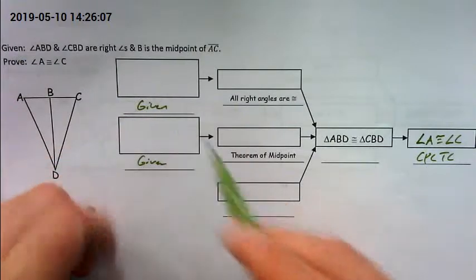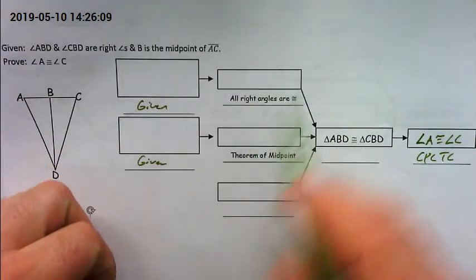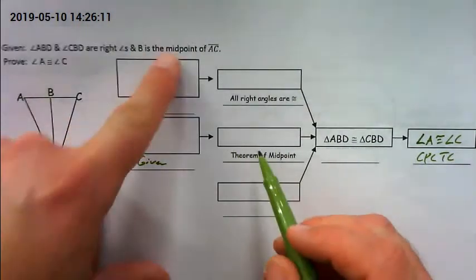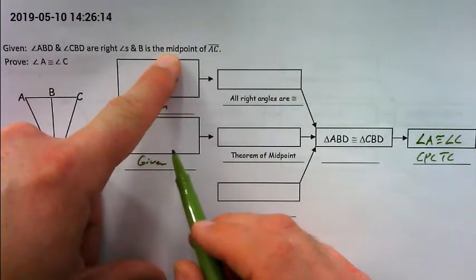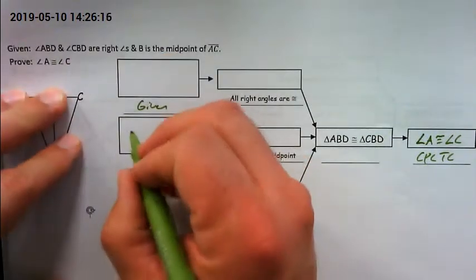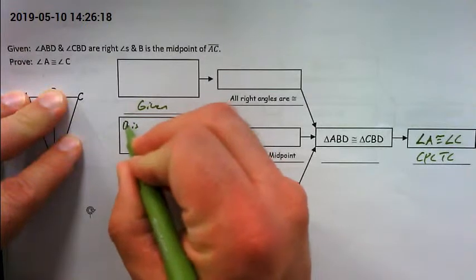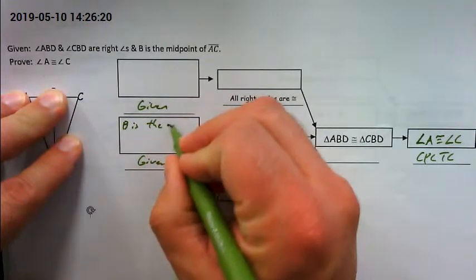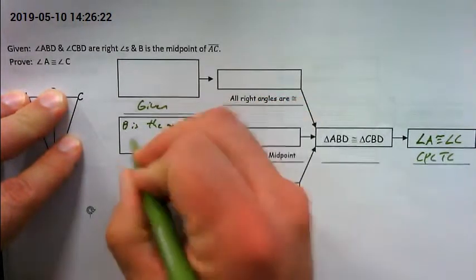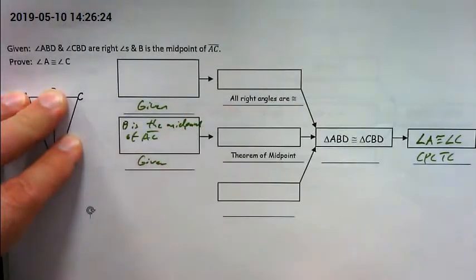Which one goes where is important, though, because they gave us a reason for the next one. The one dealing with midpoint should follow before midpoint theorem here. So, B is the midpoint of AC.